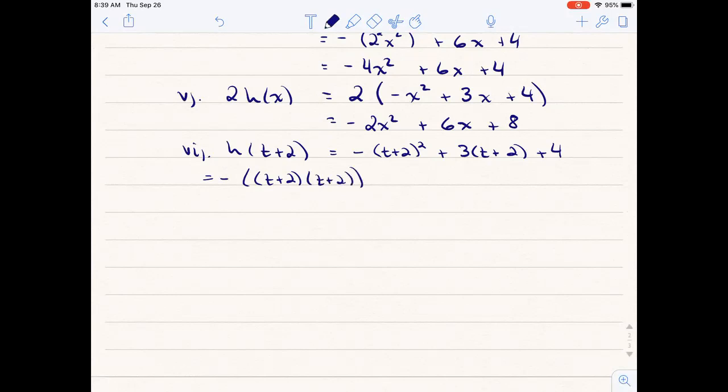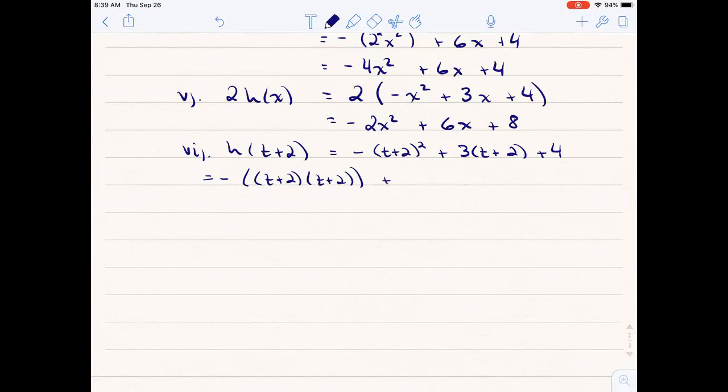Notice how I use my brackets here, right? So I'm rewriting t plus 2 squared as t plus 2 times t plus 2, but then I know I need to negate all of that, right? And so I'm keeping the negative outside, and I'm putting this chunk in another set of brackets, right? Don't be stingy with the brackets.